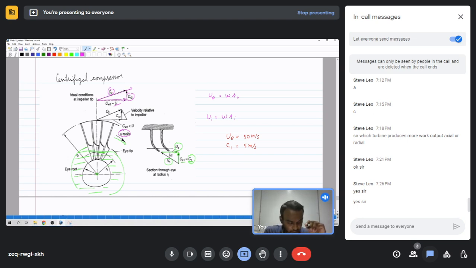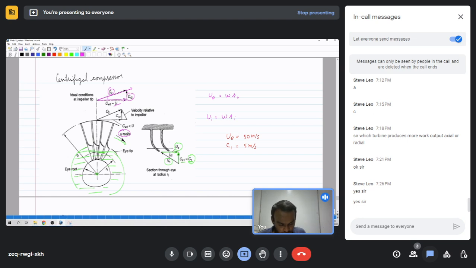that is marked by C2, and then we can calculate the radial component CR2, and then with this it exerts an angle, and there will be some angle. I think in different textbooks you can find different angles. Here I don't know what is mentioned in this book.